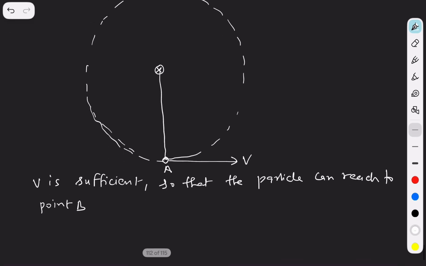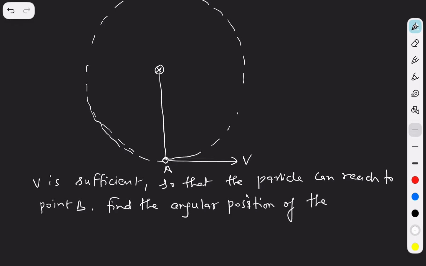Find the angular position of the particle when its speed will be V by 2.